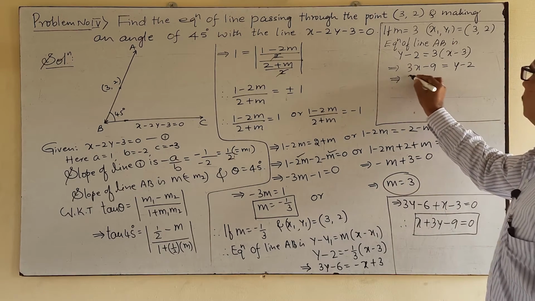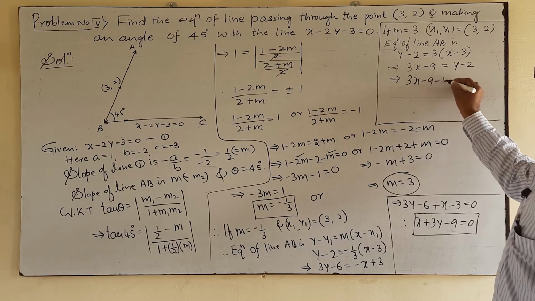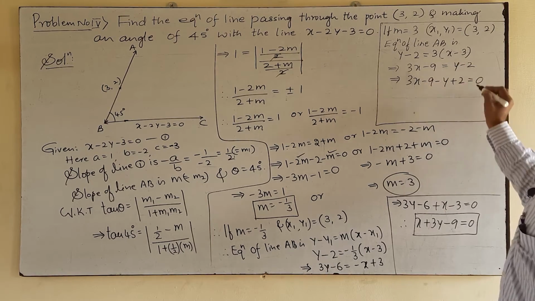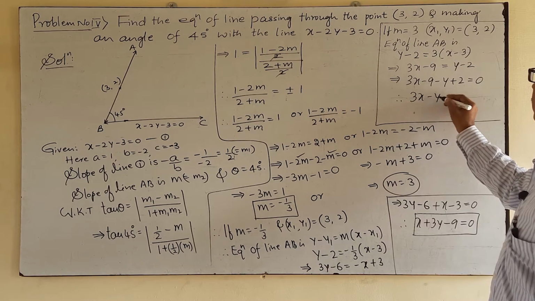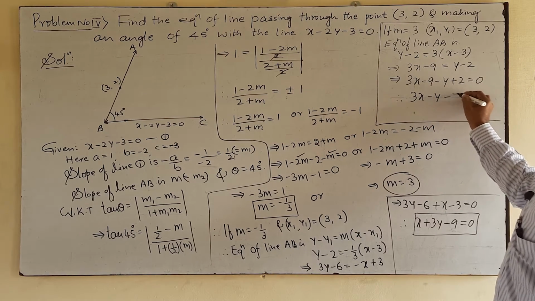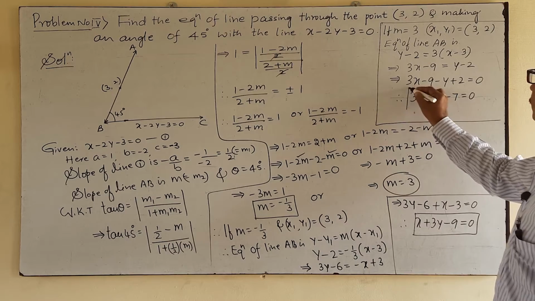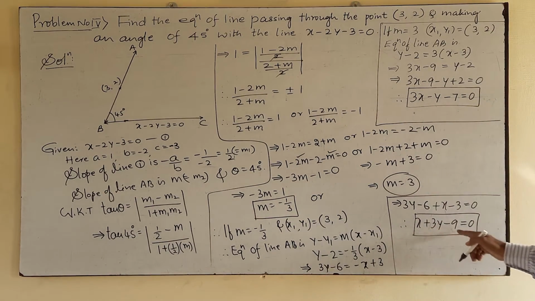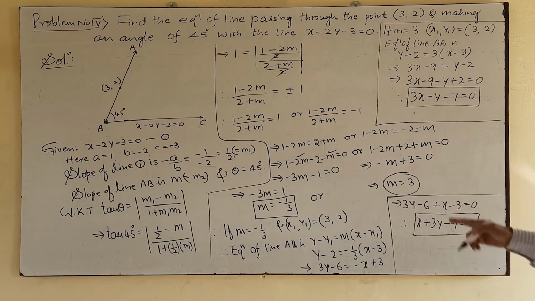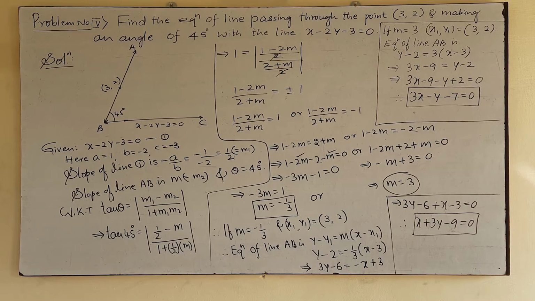So this implies 3x minus 9 minus y minus into minus plus 2 is equal to 0. Therefore 3x minus y minus 9 plus 2 minus 7 is equal to 0. So equation of line AB, x plus 3y minus 9 is equal to 0 or 3x minus y minus 7 is equal to 0. You can check if you want.